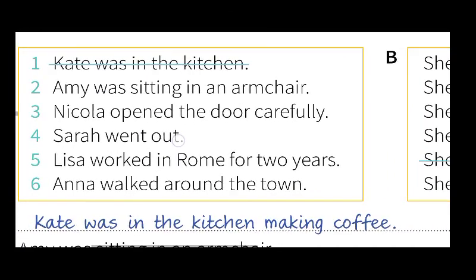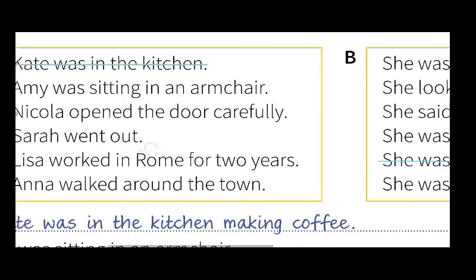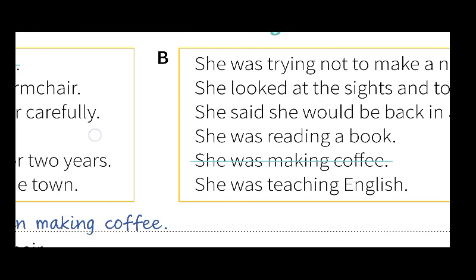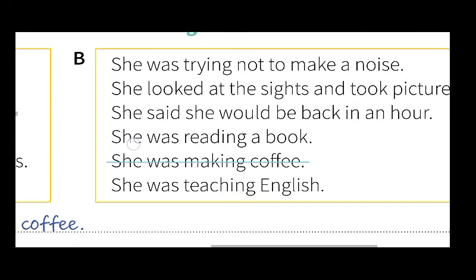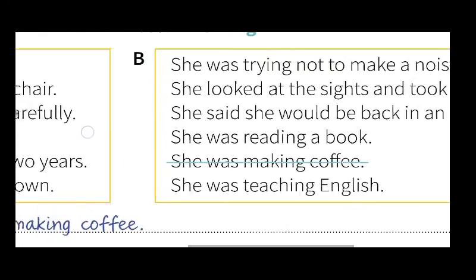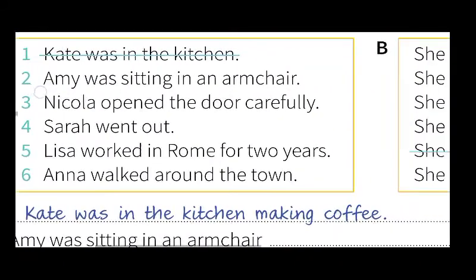Number 3, Nicola opened the door carefully. Why? She was trying not to make noise. Trying not to make noise. Number 4, Sarah went out.